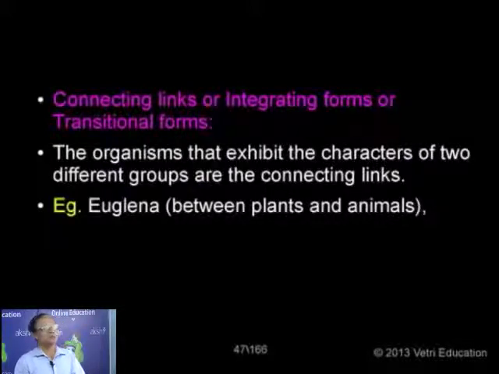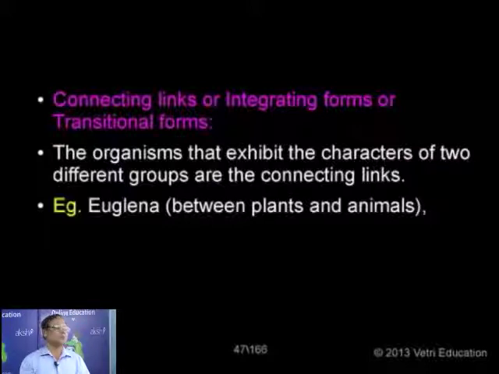Now, some more important features in support of comparative anatomy and morphology for favoring evolution. There are certain organisms that have characteristics common to two different groups. For example, Peripatus is actually an arthropod, but the animal exhibits both annelidan and arthropodan characters. The annelidan character is the segmented nature.